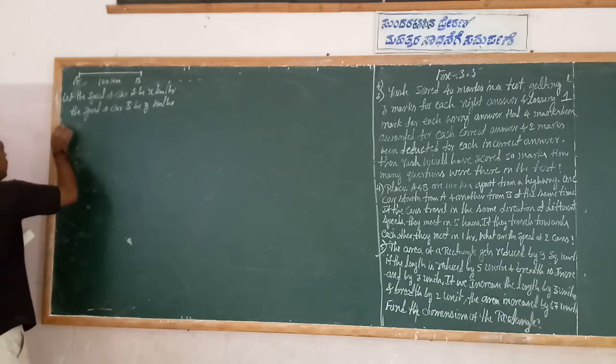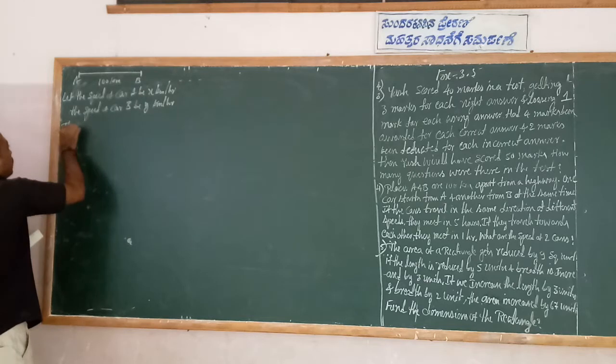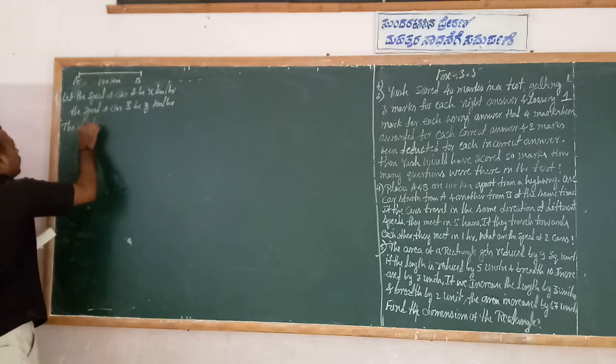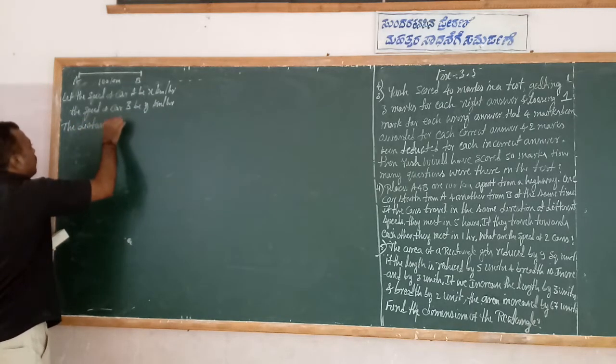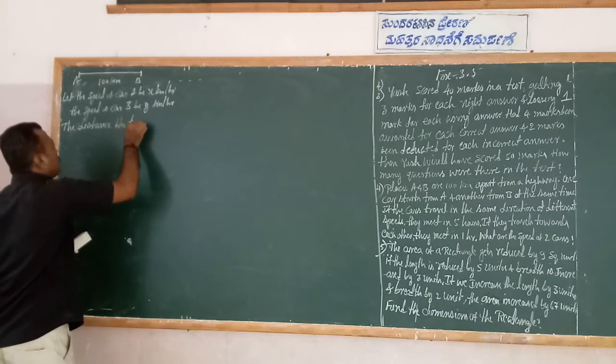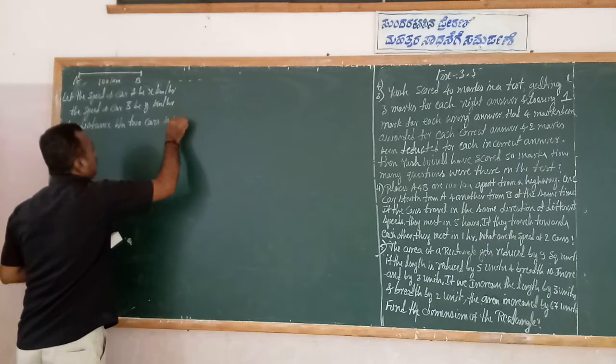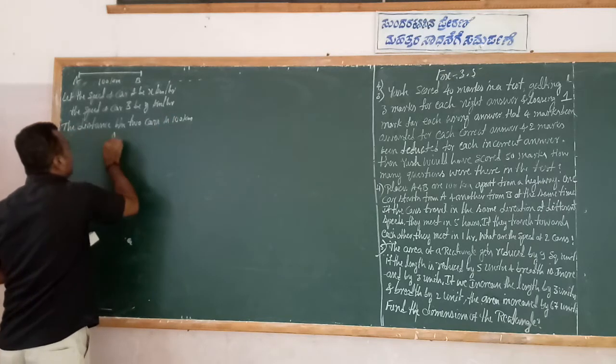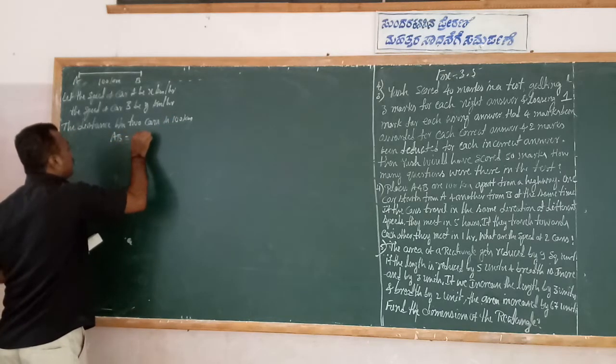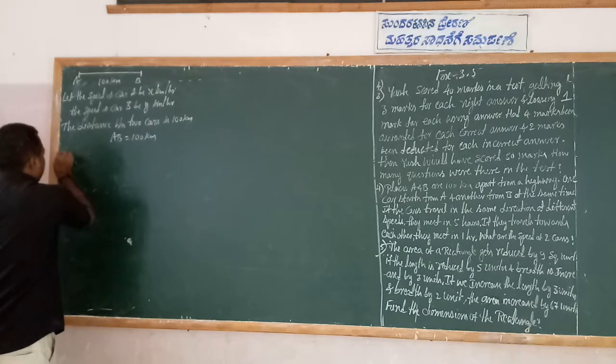So in the first case, the distance between the two cars is how much? 100 kilometer. That means AB is equal to 100 kilometer. Are you understood? So case 1.